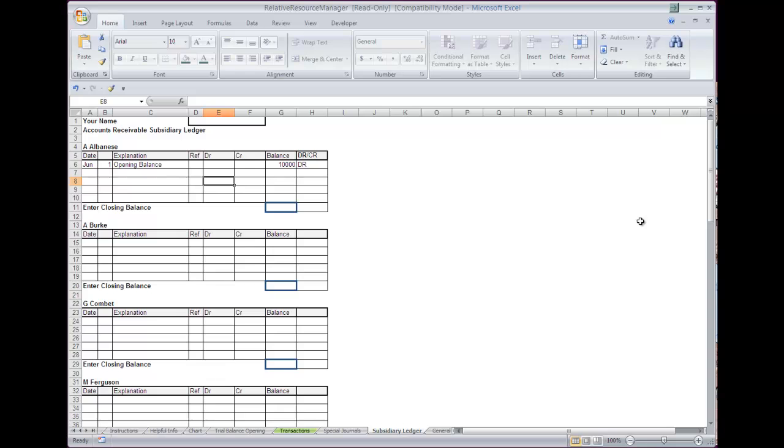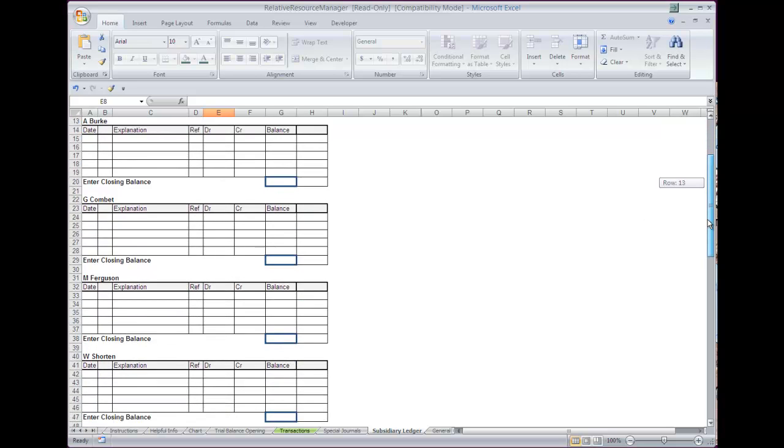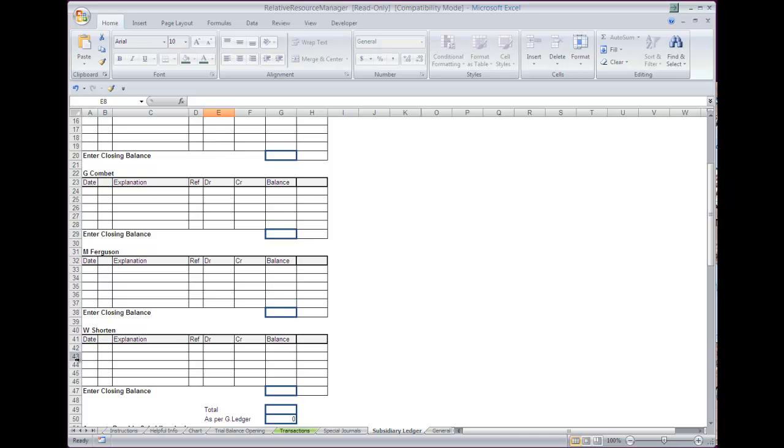So we go to W shorten, it's down here. I'll leave the first line blank because an earlier step might have been to go in and put the opening balance. So May 1, explanation, well, we'll leave the explanation, we don't really need anything there at this stage. The reference is the sales journal.